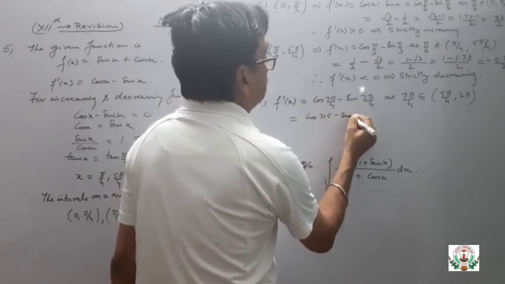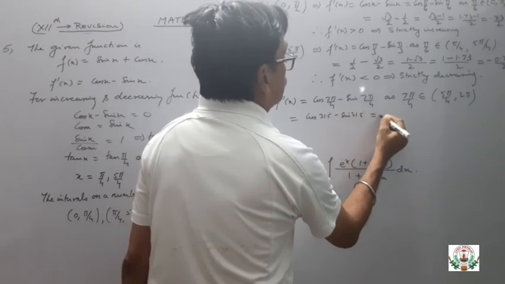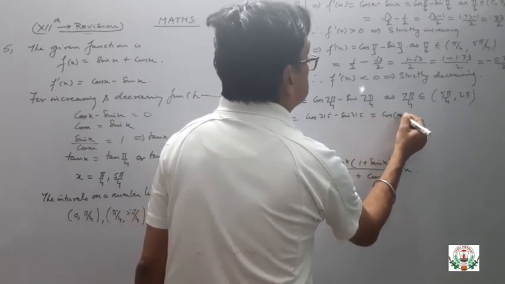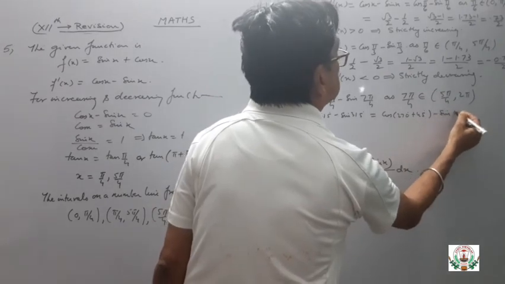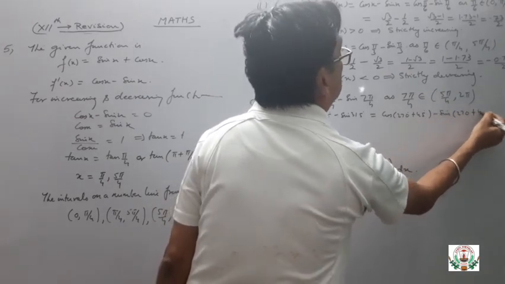minus sin 315 degrees. So it will be cos of 270 plus 45 minus sin of 270 plus 45.